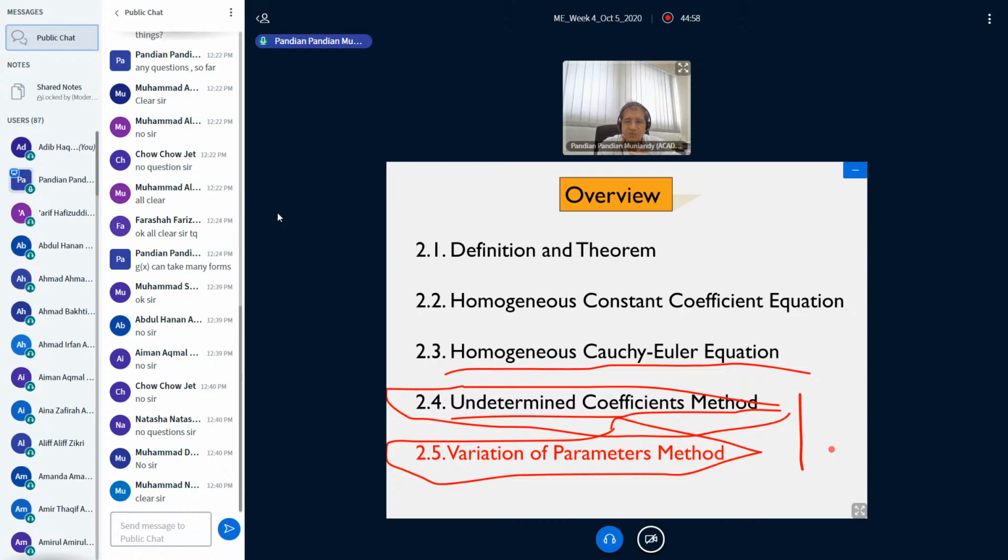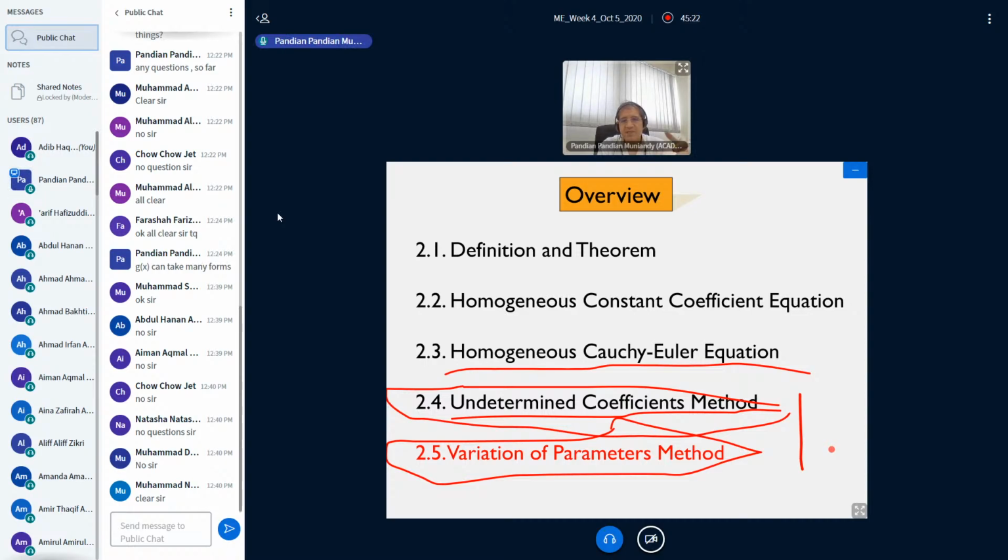If you are asked to do both methods, then you try both. But if the question says use undetermined coefficient method, then you cannot use variation of parameters method. It will be a waste of time. So if you are asked to use variation of parameters method, then you don't use undetermined coefficient method.